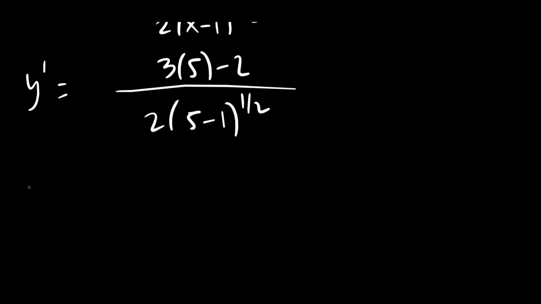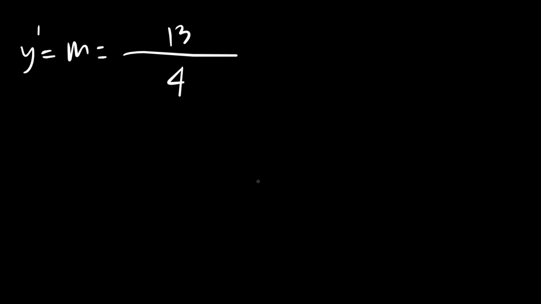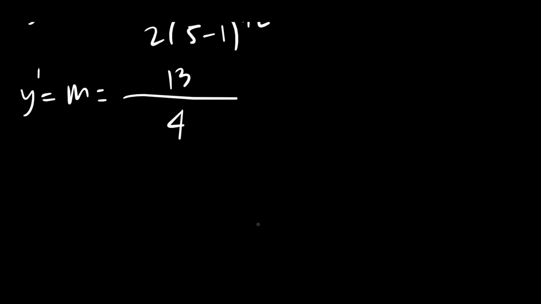So we have y prime is equal to 15 minus 2, which is 13, all over 2. So 5 minus 1 is just equal to 4. So the square root of 4 is 2. So 2 times 2 is just equal to 4. So our value of m, which is y prime, is equal to 13 all over 4.